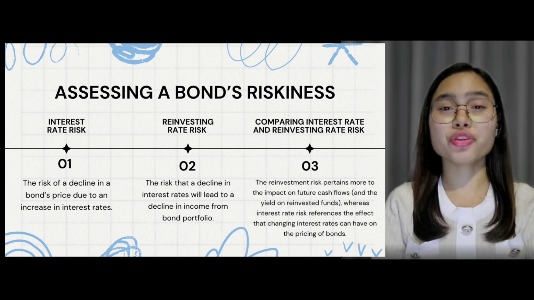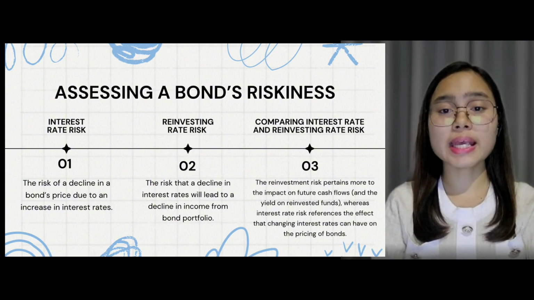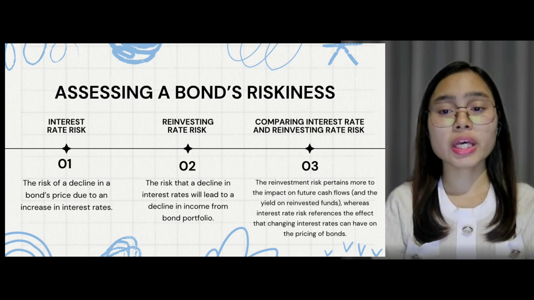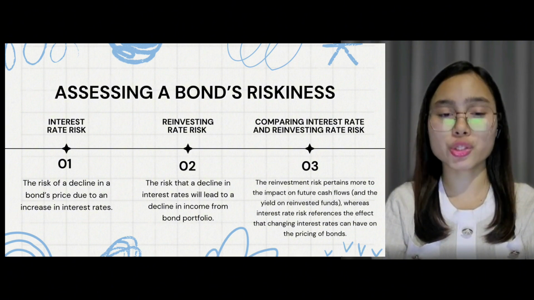Reinvestment rate risk. So the risk of an income decline due to a drop in interest rates is called reinvestment rate risk. And it is obviously high on callable bonds. It is also high on short-term bonds because the shorter the bond's maturity, the fewer the years before the relatively high old coupon bonds will be replaced with the new low coupon issues.